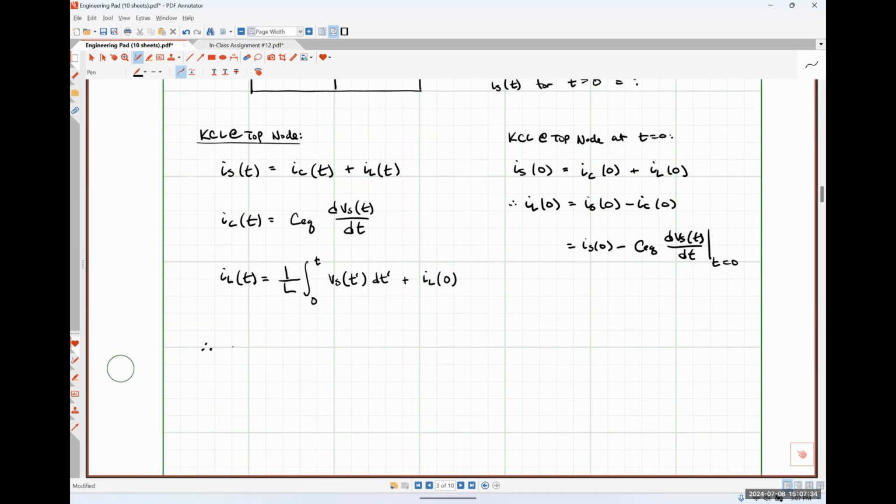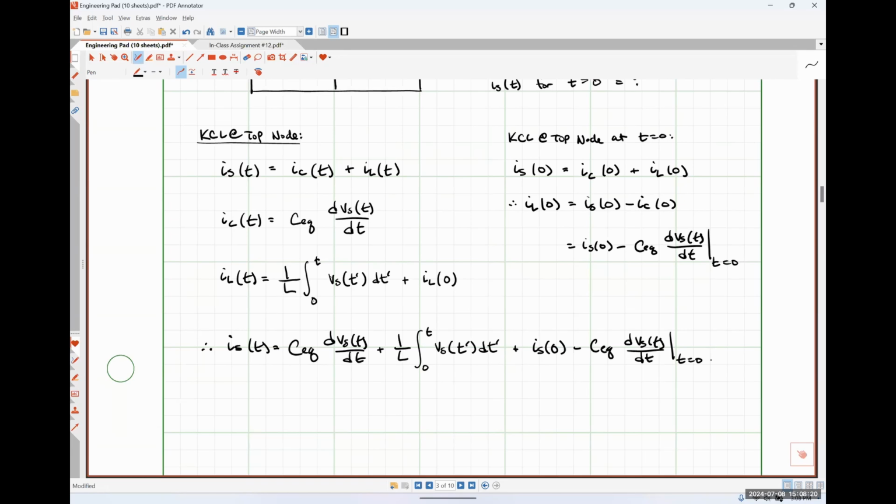So from here, we could say that IS of t is CEQ times the derivative of our source voltage plus 1 over L times the integral of our source voltage plus IS at 0, which is going to be a DC term, minus CEQ times the derivative of VS evaluated at t is equal to 0, which will also happen to be a DC term.